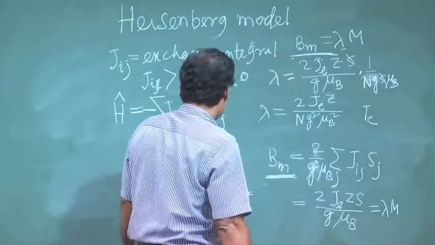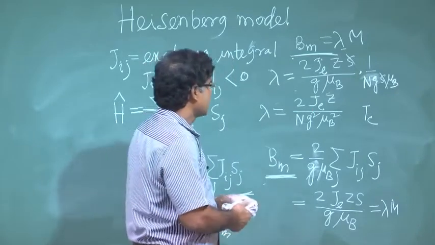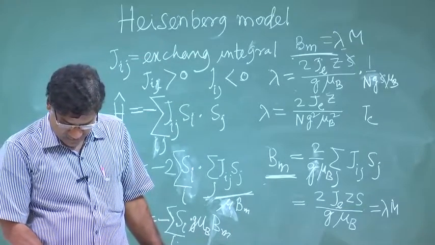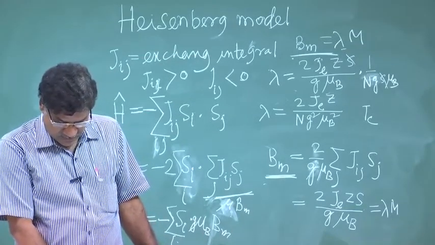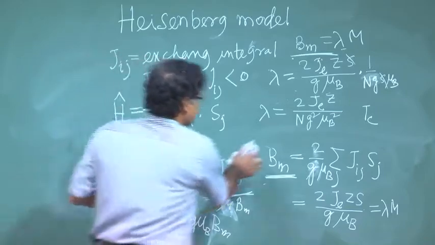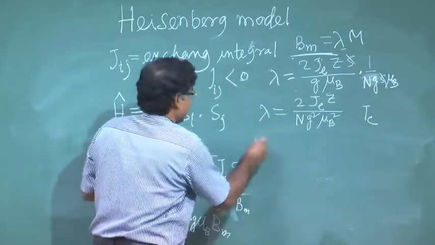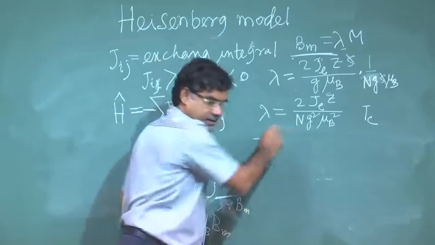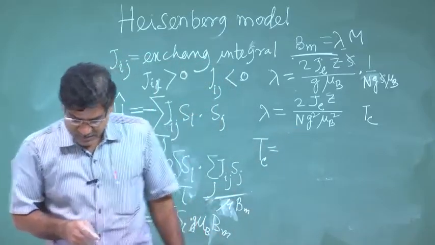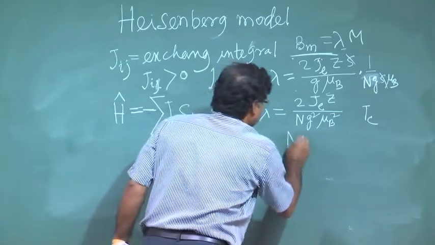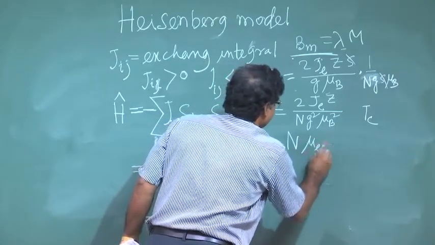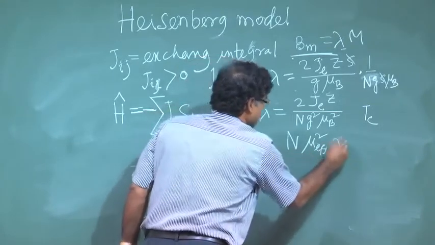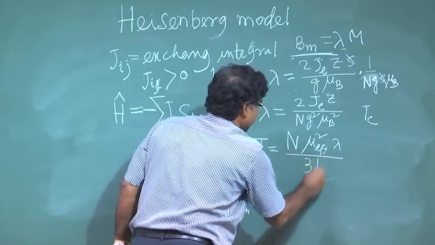So, basically Tc was n mu effective square, then lambda, divided by 3 kB.